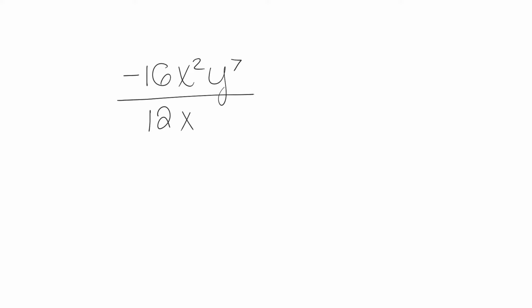Now, what if we throw a negative in there? Nothing really changes. Let's look at this one. What if we have negative 16 x squared y to the 7th over 12 x to the 5th y to the 3rd z to the 4th.